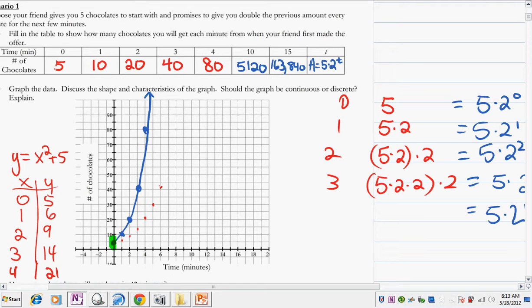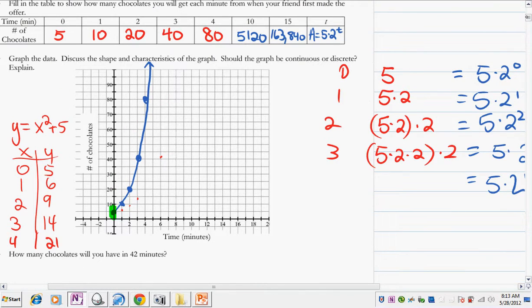At 7, I'd be at 49 plus 5, 54. So you can see it's starting to grow a little faster, but it's not going to be the same. And it's not a skinnier parabola. It's an exponential function. So this follows exponential growth. And that's what an exponential growth function looks like.